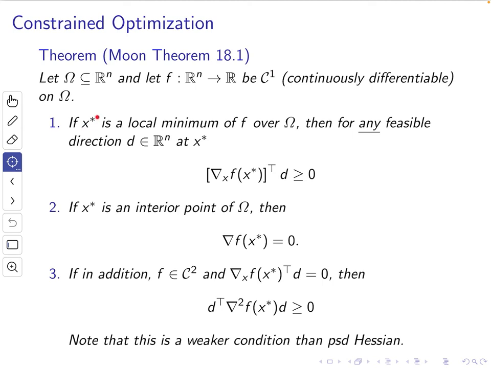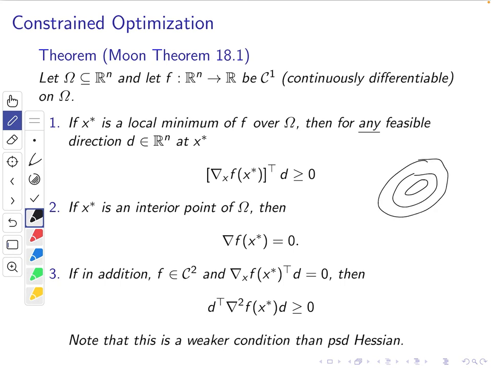If x star is a local minimum of F over omega, so this is a constrained local minimum, then for any feasible direction D, the inner product of the gradient and D is nonnegative. Again, there's a picture here. You can think of the level curves.